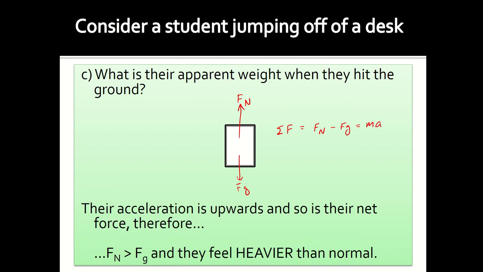If you solve this for the normal force, we end up with Fg plus ma. As you can see, our Fn is not going to equal Fg. Fn will be greater than Fg because we're going to add this mass times acceleration there. That's why I end up feeling heavier.